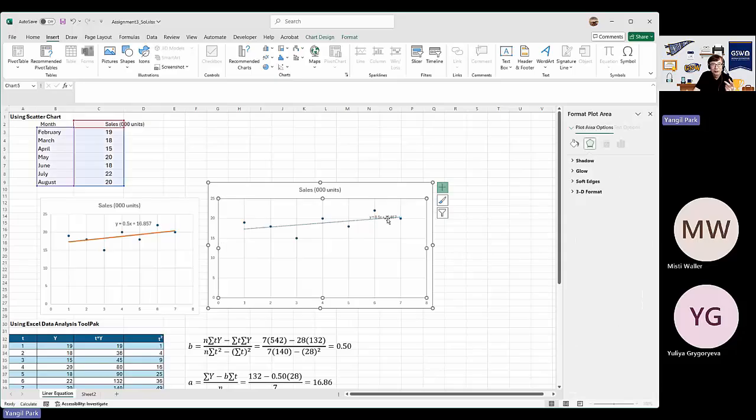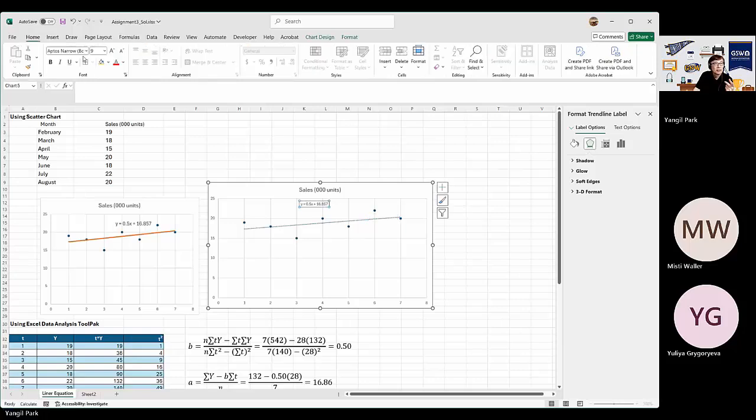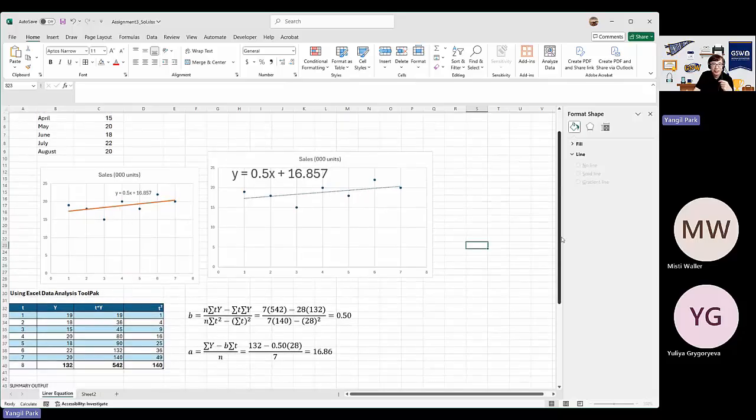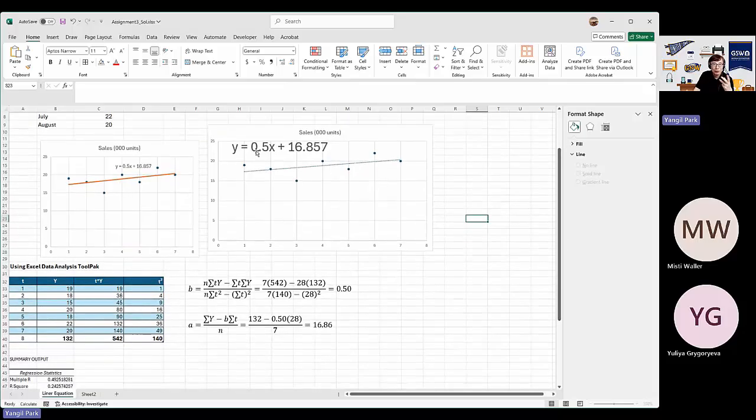And you can just maximize this. Looks good. So that's your equation right away. Even though you don't have all those calculations yet, you already know 0.5 is the slope and 6.85 is the intercept.